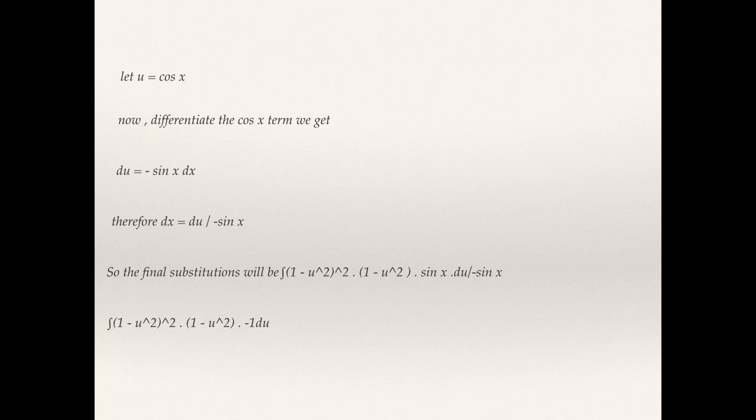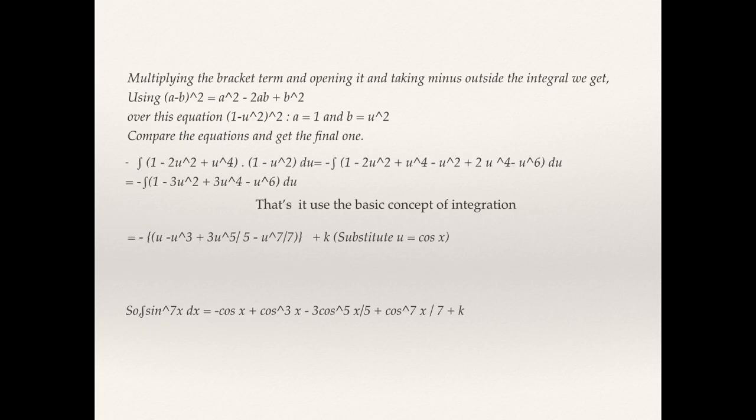If I substitute a as 1 and b as u squared, I can simply write it as 1 minus 2u squared plus u to the power 4, times 1 minus u squared du.